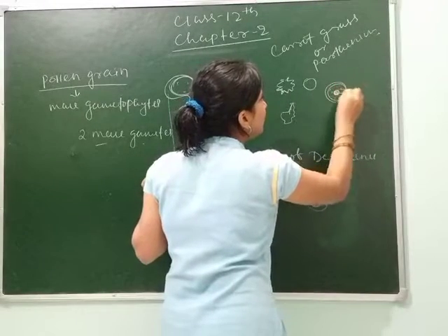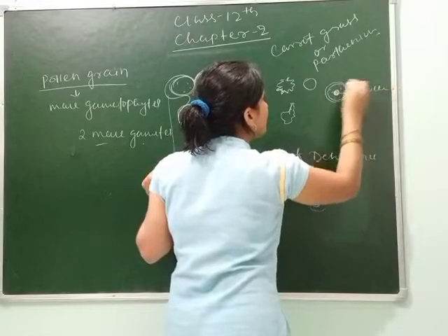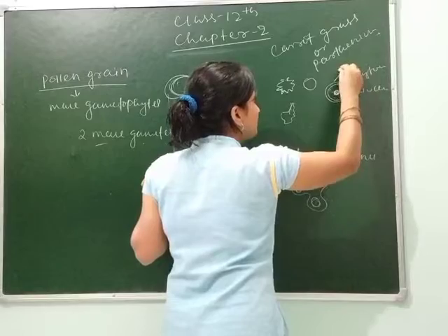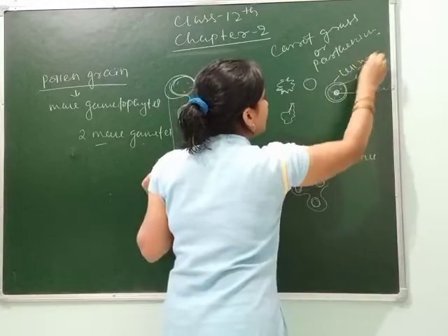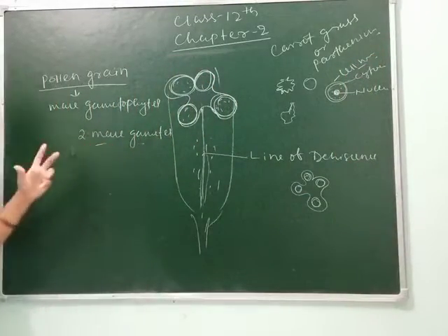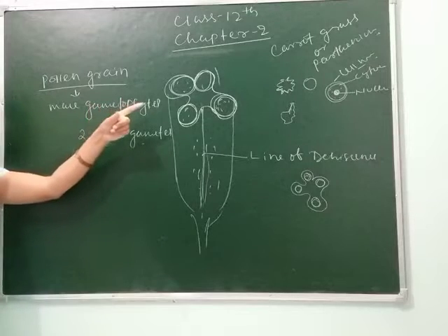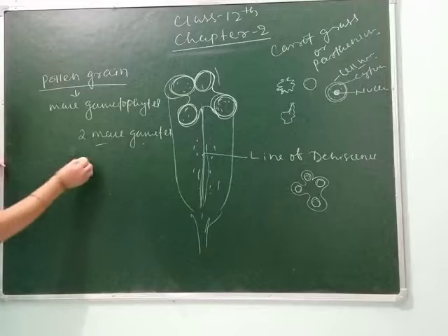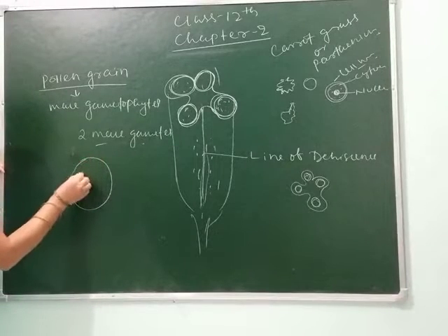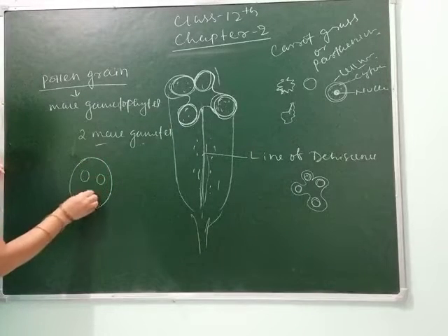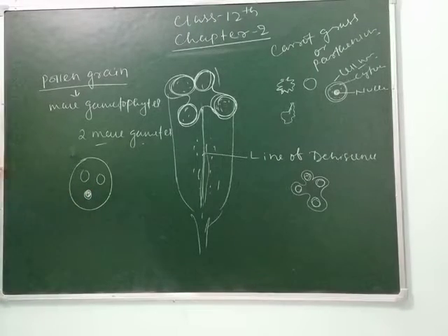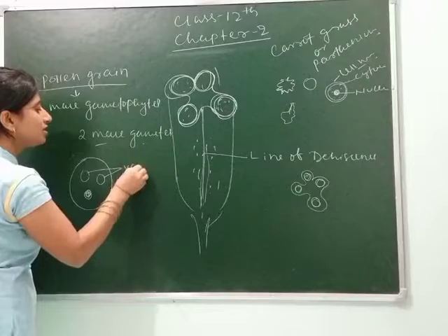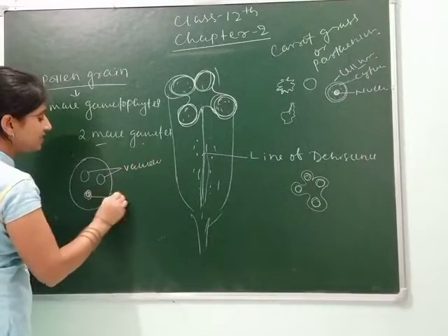This is the nucleus, this is the cytoplasm, and this is the cell membrane. After this, the vacuole becomes visible. This is again the nucleus. Clear, students? And these are the vacuoles.